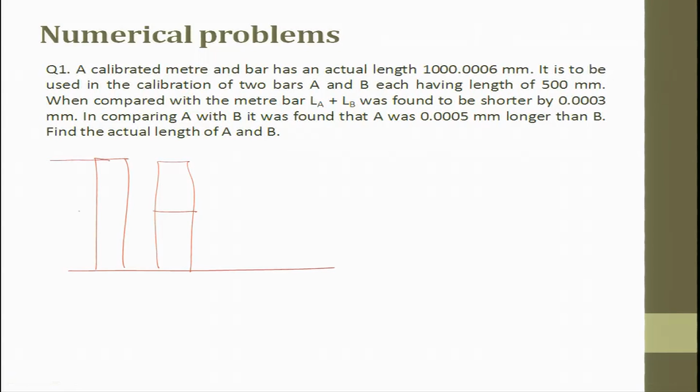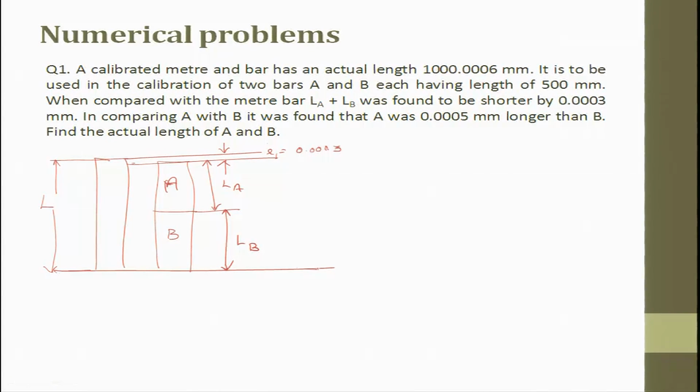This is going to be your L, and this is going to be your A and B. This is your A, this is your B. Between those two there is an error E1, which is nothing but 0.0003. This is LA and this is LB.